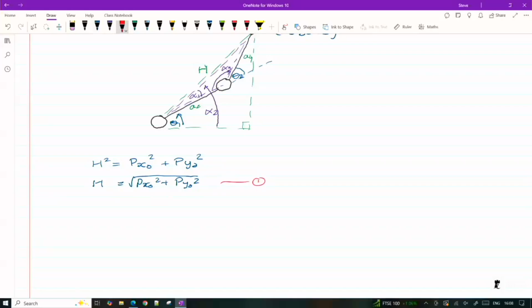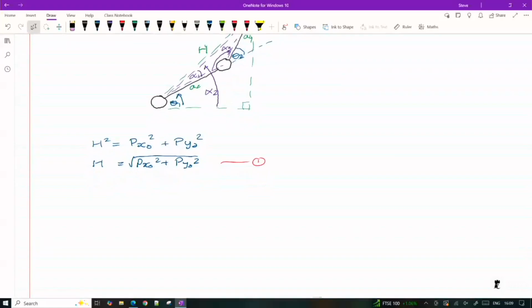And then we start to look at what else we know from this view. I've labelled up some angles. Can we come up with expressions for those angles? Remember, we're looking for theta 1 and theta 2, which we don't know in advance. We haven't got enough information at this point to go directly to expressions for those.